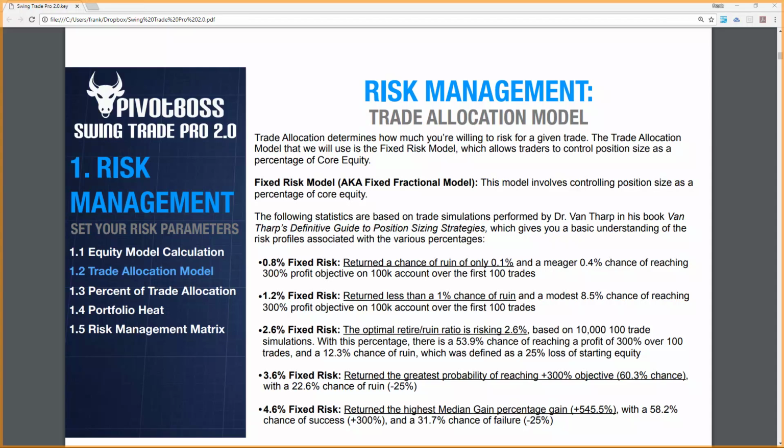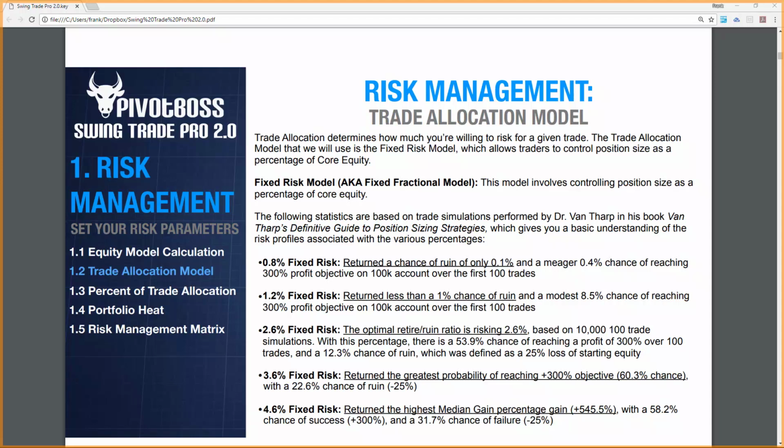And this is a very good synopsis of data mining, the types of data that we mined and understood and traded from. And in this book by Dr. Van Tharp, Van Tharp's Definitive Guide to Position Sizing Strategies, is a giant textbook. This gives a really good representation. It gives you a very good framework that allows you to understand the risk profiles associated with various risk percentages.